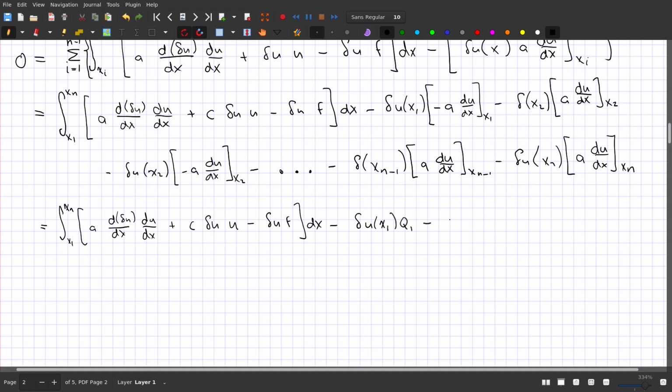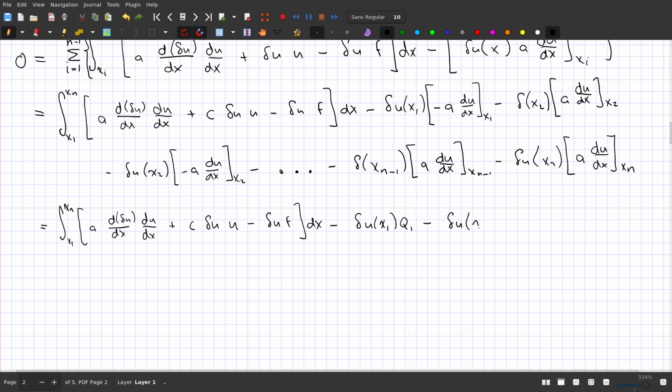So I'm just applying the actual boundary values here, substituting in the natural boundary conditions.